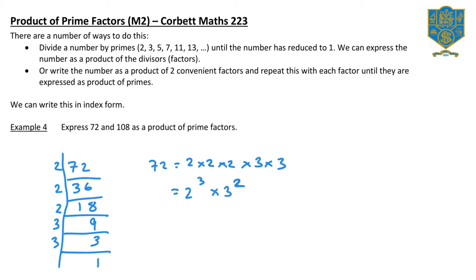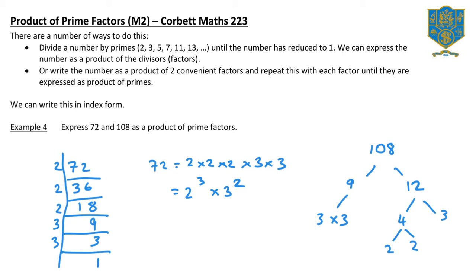So we'll look at the different technique then for writing 108. So 108 we might think of as 9 times 12. But we know that 9 and 12 aren't prime numbers, so we need to try and express them as a product of primes. So 9 would be 3 times 3, and they're prime numbers, so they can't be reduced any further. 12, we could be thinking about 4 and 3, but again 4 isn't a product of primes, so we can express it as 2 times 2.